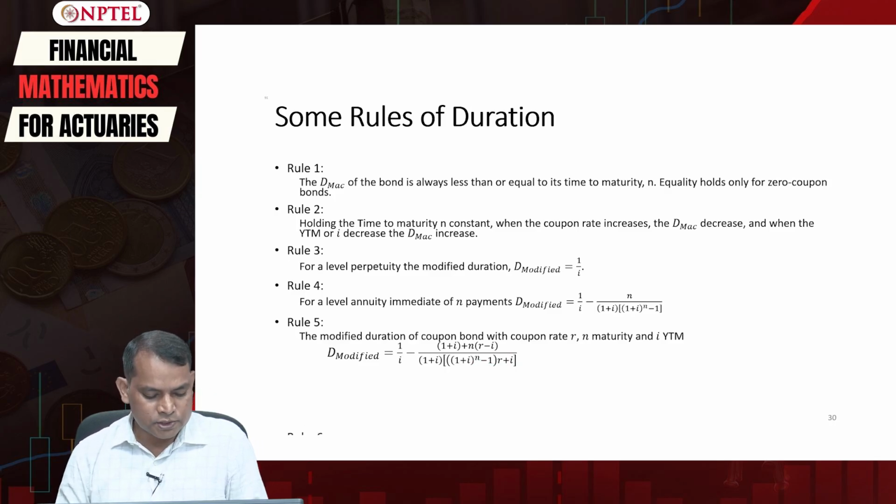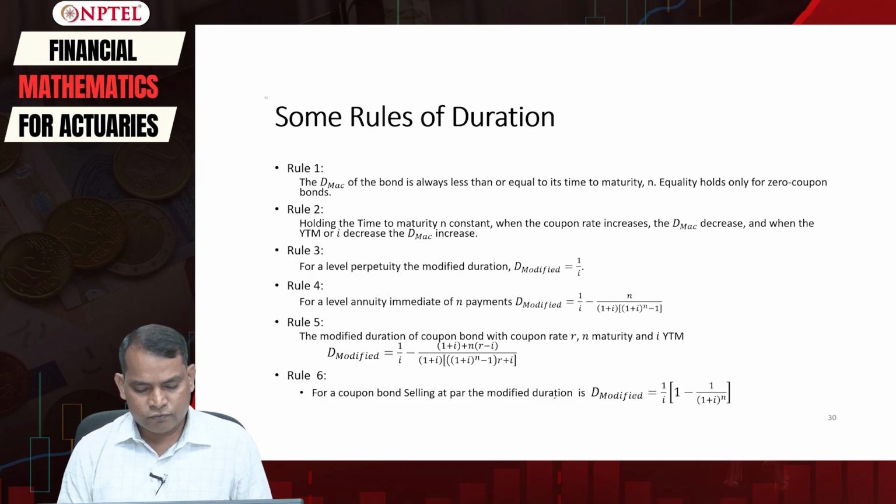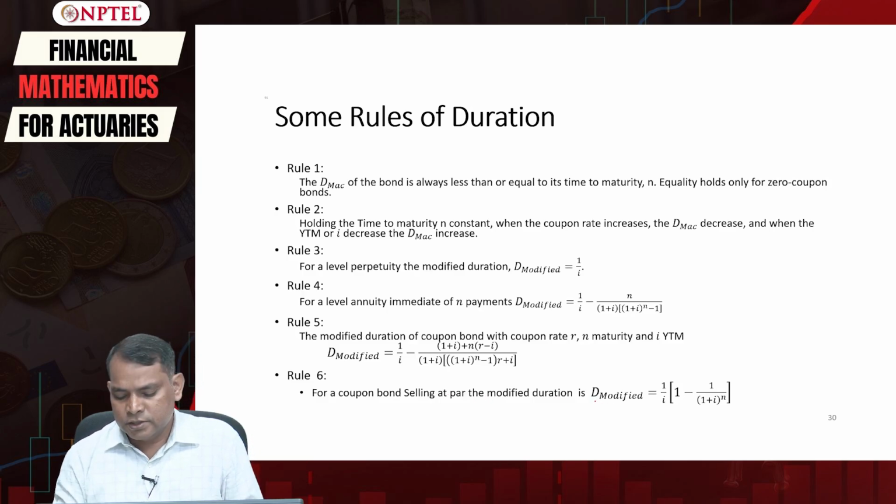And Rule 6 says that for a coupon bond selling at par, the modified duration can be computed as D modified equals 1 upon i times (1 minus 1 upon (1 plus i) to the power n).